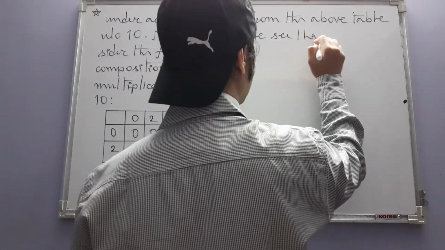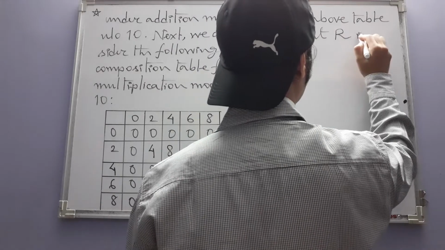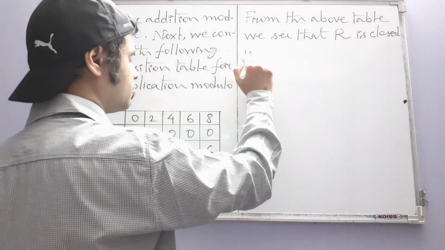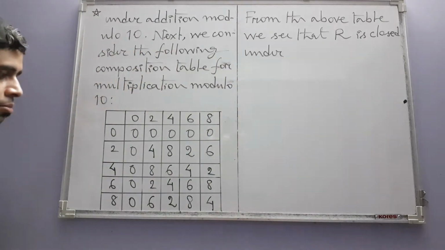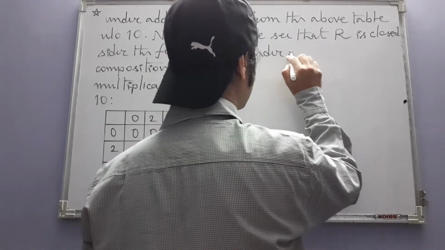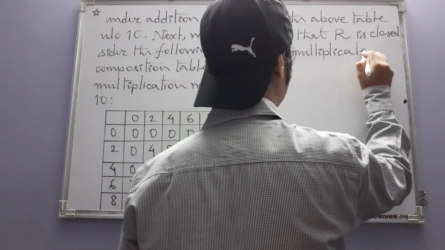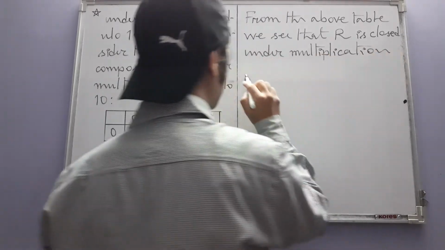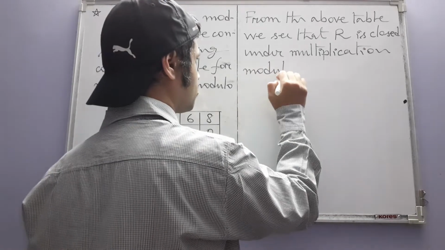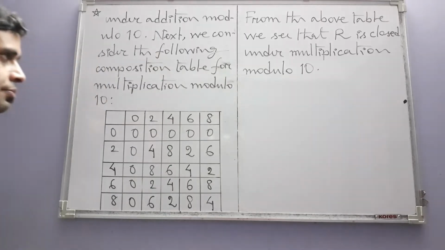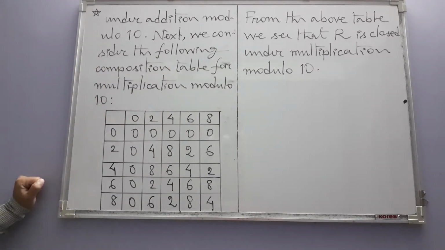We see that R is closed under multiplication mod 10. Next, we know that this operation, just like addition mod 10, is commutative and associative.